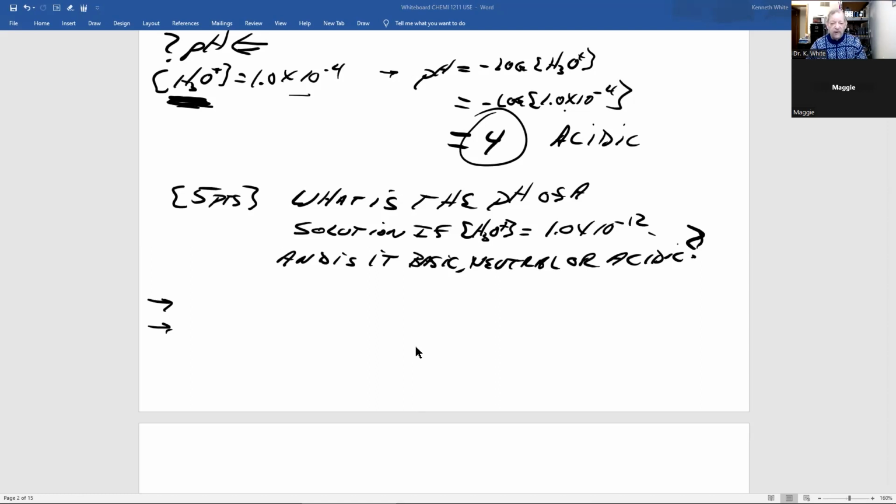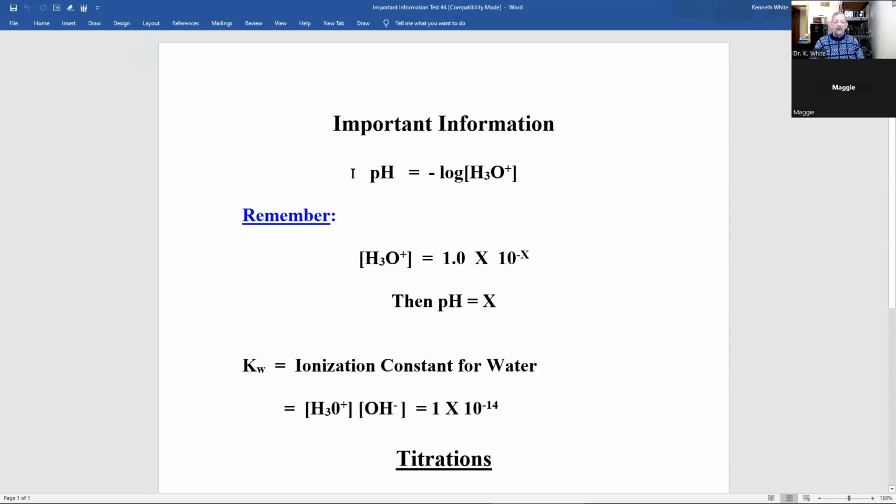All right, what are we trying to find? The pH. What are we given? The hydronium ion concentration is 1.0 times 10 to the minus 12. Now, we're trying to find pH in case you forgot. Remember, I've cut back on memorization. Test number 4, important information. pH equals minus the log of the hydronium ion concentration.